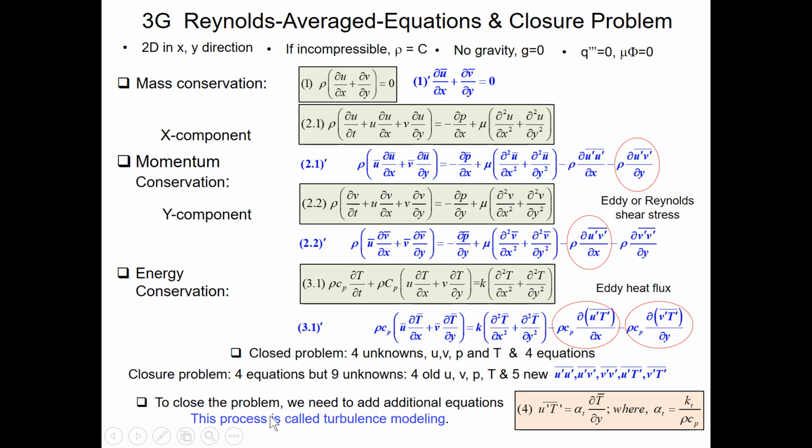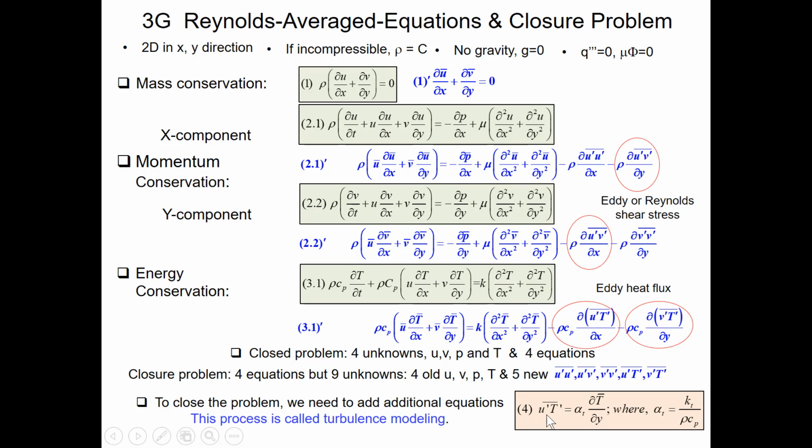Therefore, in order to close the problem and get a solution, we need to add additional equations. How many? At least we need to add 5 additional equations. This process we call turbulent modeling.